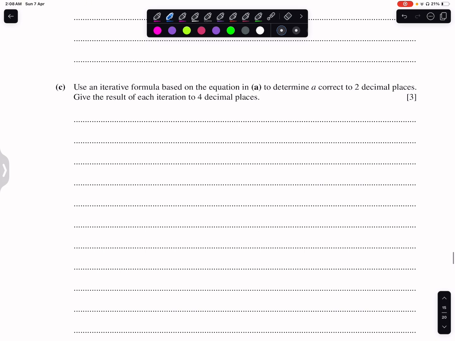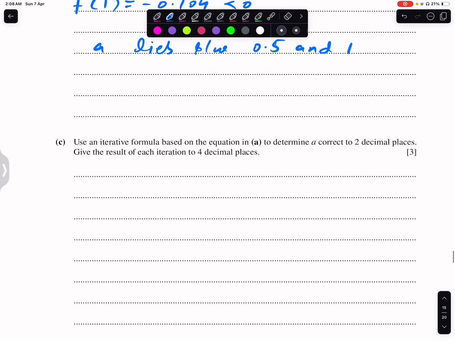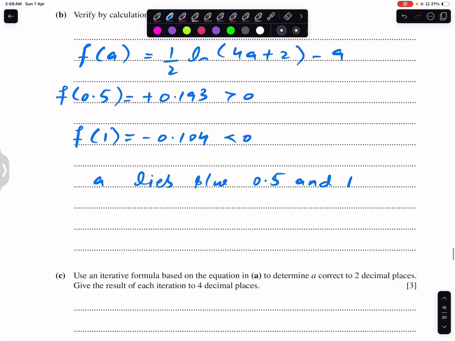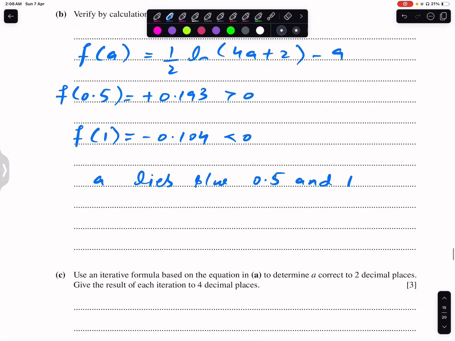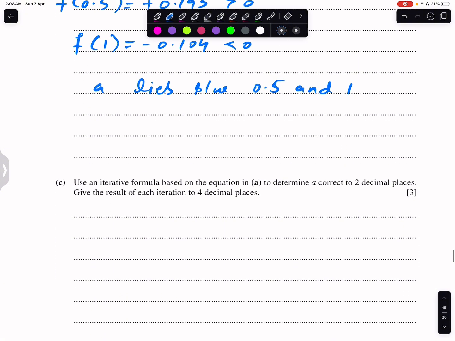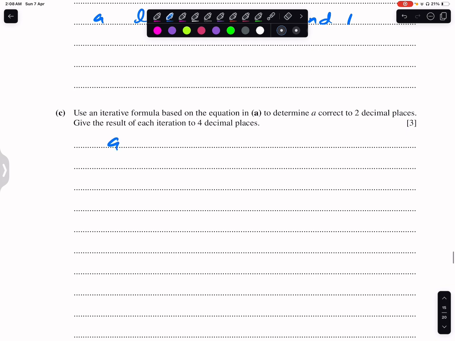Use an iterative formula based on the equation in A to determine A correct to 2 decimal places. Give the result of each iteration to 4 decimal places. So let's write here a is equal to 1 over 2 natural log of 4a plus 2. Students, in this part you need to set the iteration.